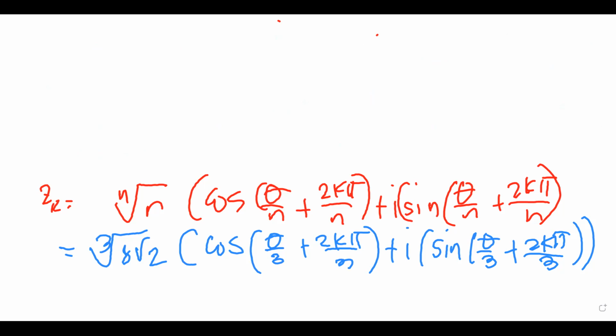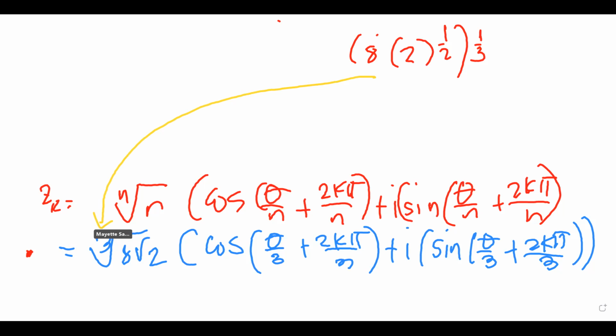Okay, so from this part in the solution, remember, if we have the third root of 8 squared of 2, we can write this as 8 to 1 over 2, times to the exponent of 1/3, right? You can write it that way.